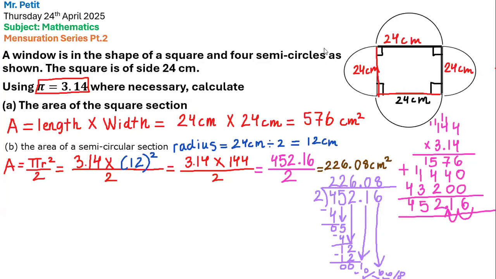Let me enable it. All right. Do we understand how you got 226.08 centimeters squared? Yes, sir.